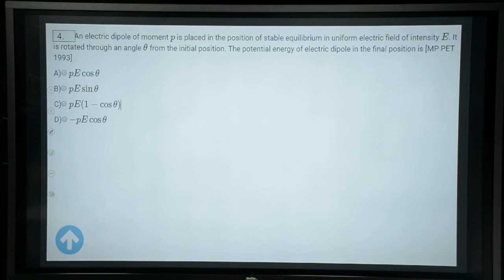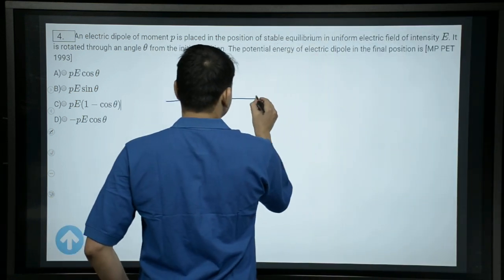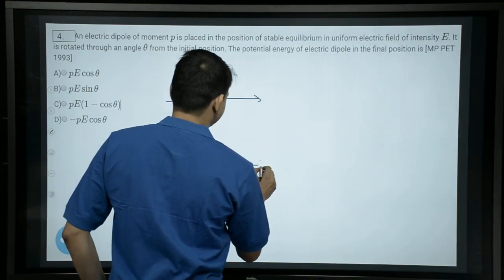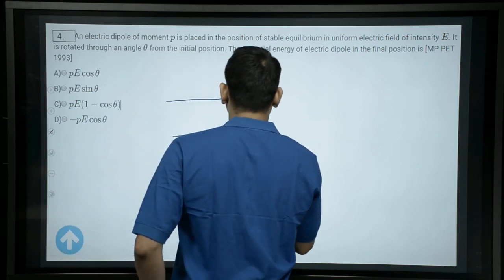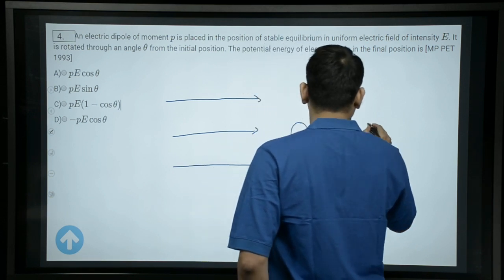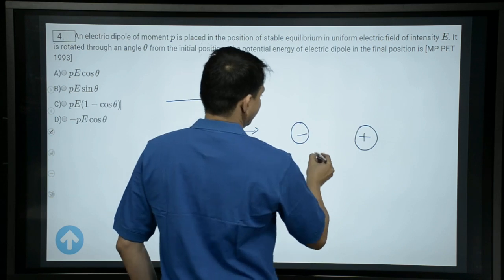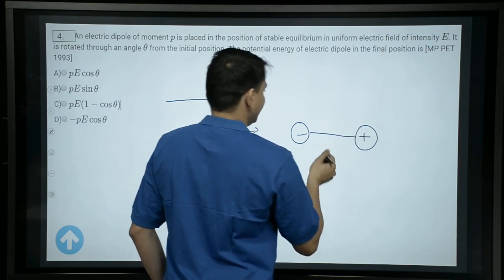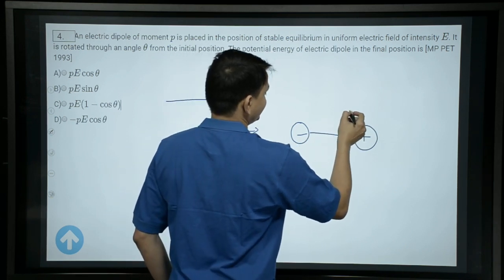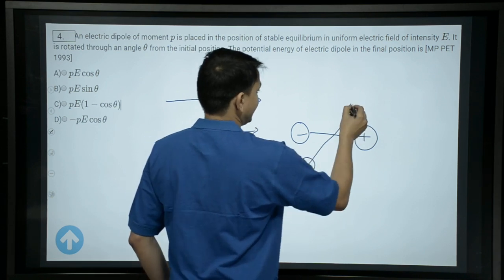The potential energy of the electric dipole in the final position is... Again we have the same situation here: an electric field, and our dipole, and suppose it has been rotated by an angle theta.